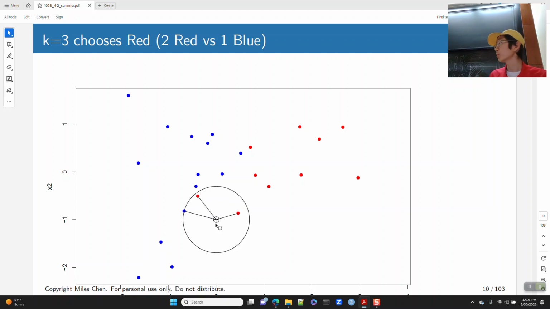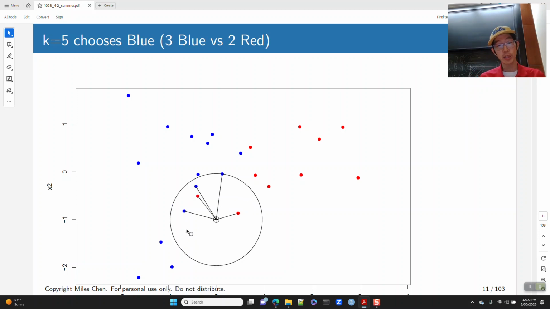Here I've gone up to the 3 nearest neighbors. This is the 3rd nearest neighbor, which is blue, and these are the 3 closest points. I've drawn a circle again, and you can see that these 2 points are closer, everything else is farther away. Out of the 3 neighbors, 2 are red and 1 is blue. So this would get classified as red if we used K equals 3.